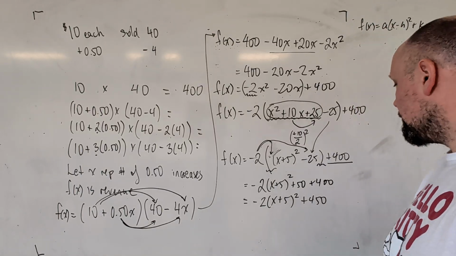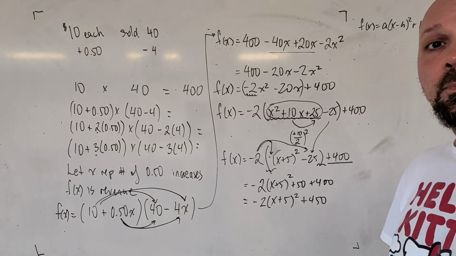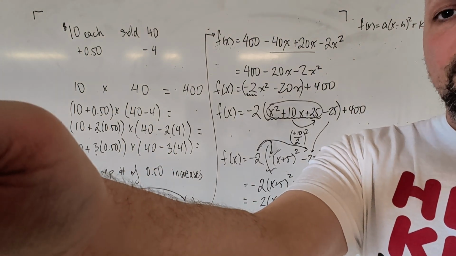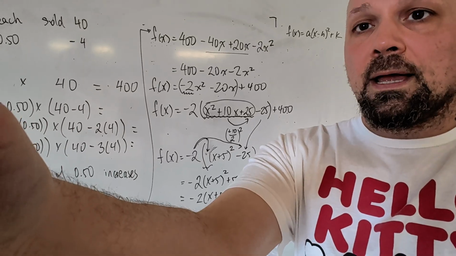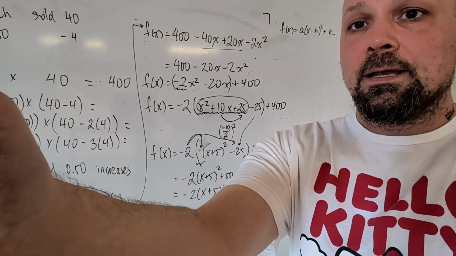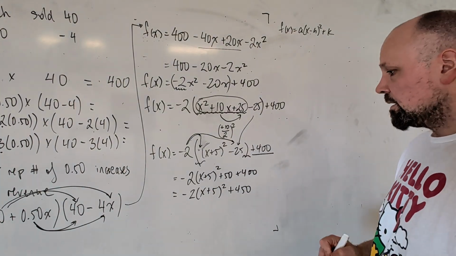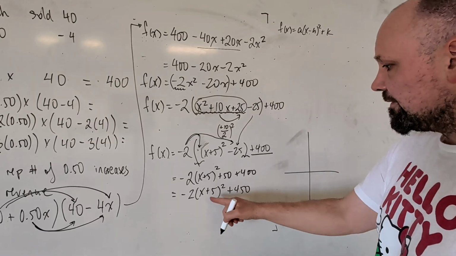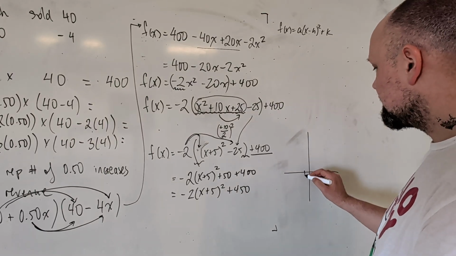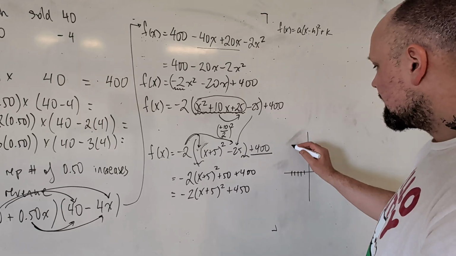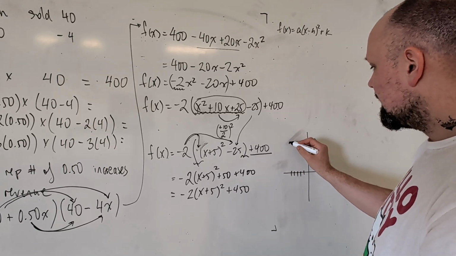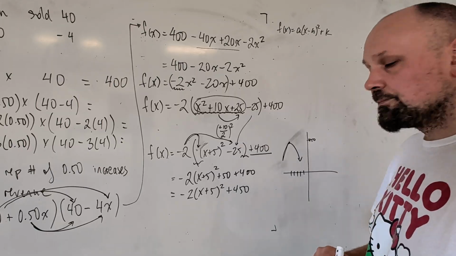So, what does this tell me? Well, if we take a look at what that graph might look like, remember it's going to be a graph that's 5 units to the left and up 450, and it'll open down.